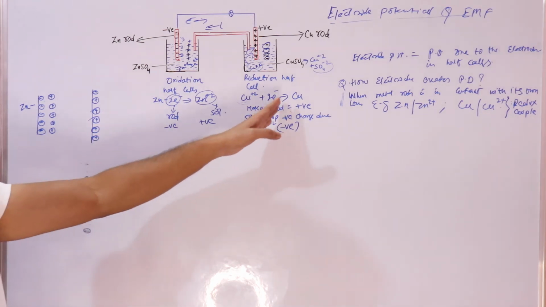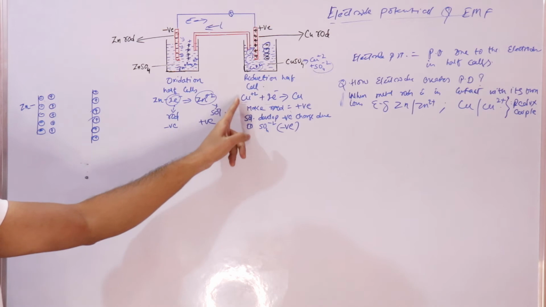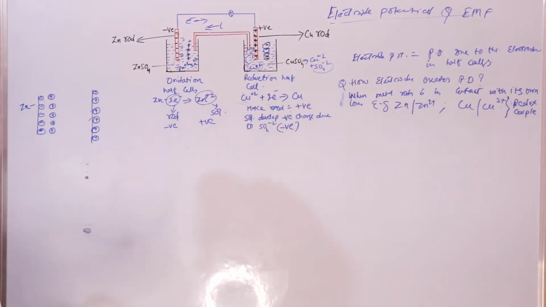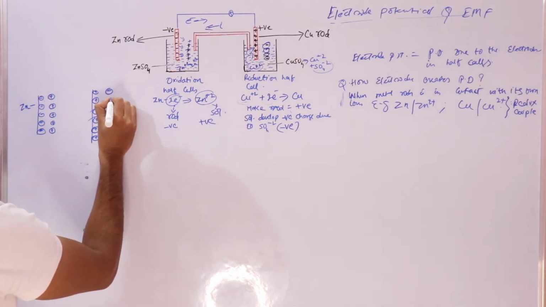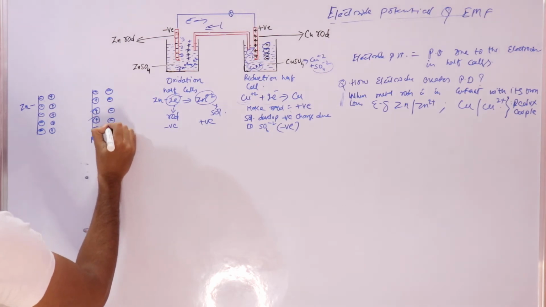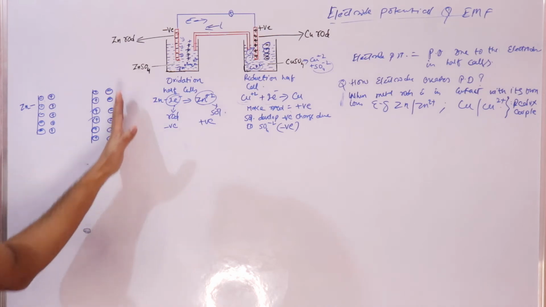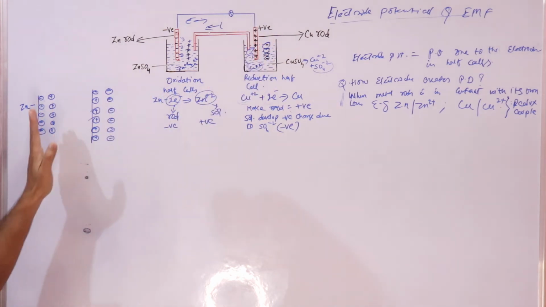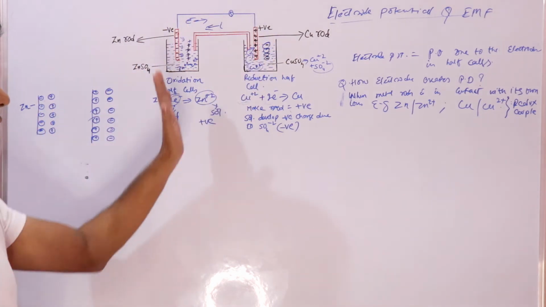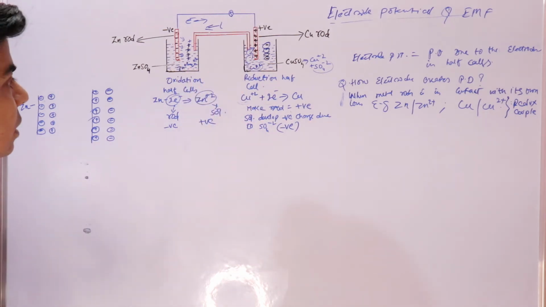And due to excess of sulfate ions, and copper ions will get reduced, right? And sulfate ions will remain as they are, so there would be more sulfate ions which are negative anions. We have negative charge in this solution and we have this positive charge in this solution. So charges are developed in both these solutions, right?